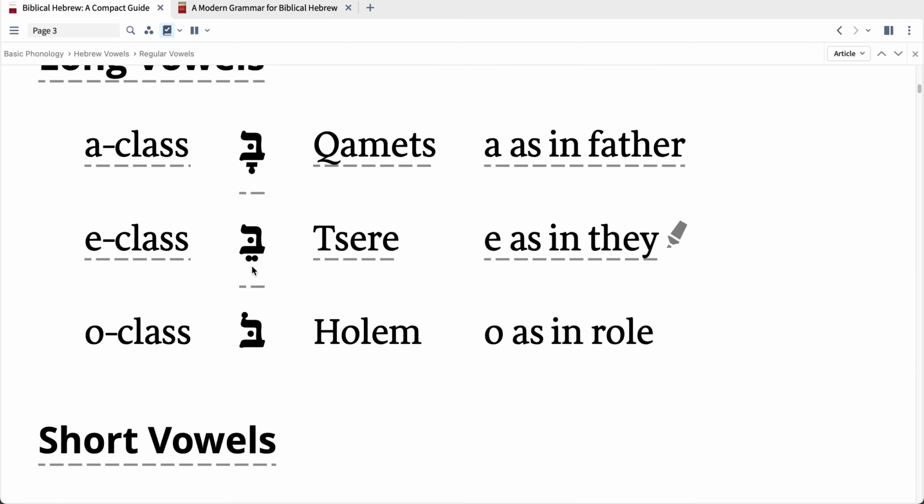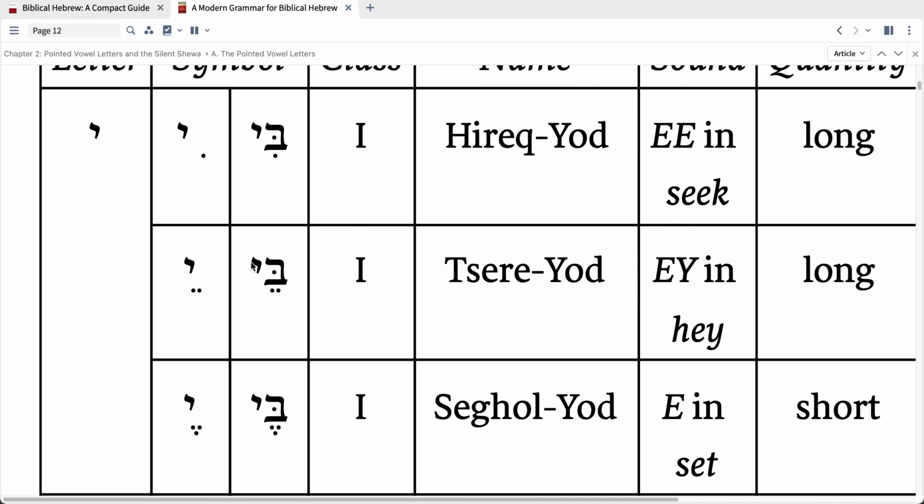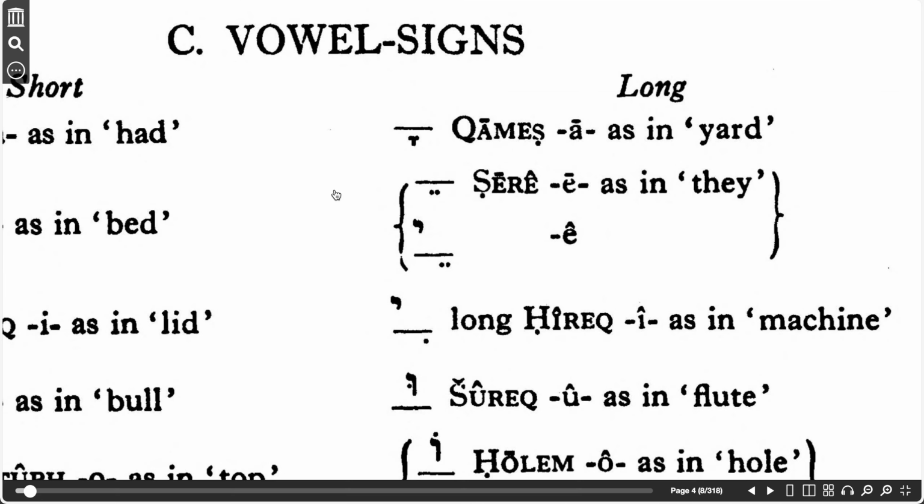So it could be like that, or it could look like that. Either way, it's the same pronunciation value. Okay, that's what this means. When you see this little bracket here, it just means they're the same, they're grouped together. It can look one way or the other. So that's the e class vowel for the long.